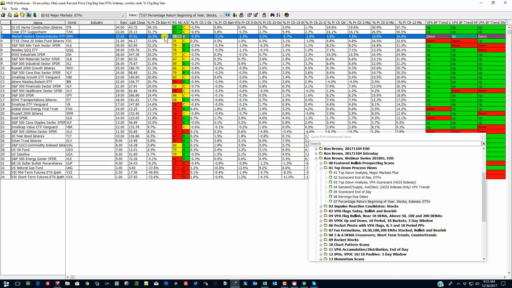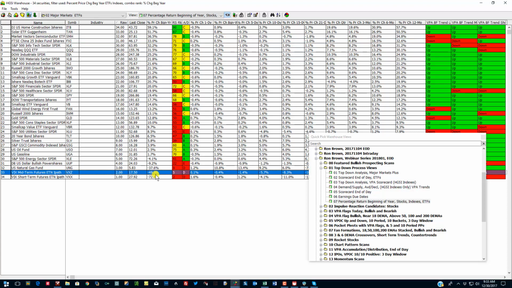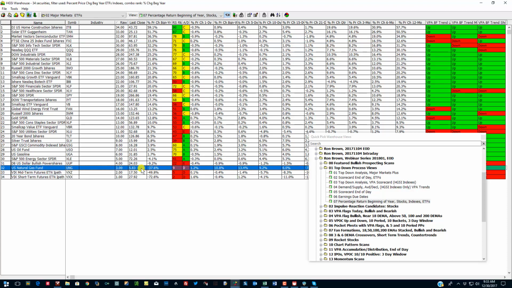Here's the semiconductors, comparable number, 36.5%, and down the list. Now these are the VIX futures, the natural gas fund, which has been up this week since the beginning of the week. You can see it's up 10.8%, but for the year it's down 37.6%. So this is just a handy way to see how these ETFs or the indexes have performed.